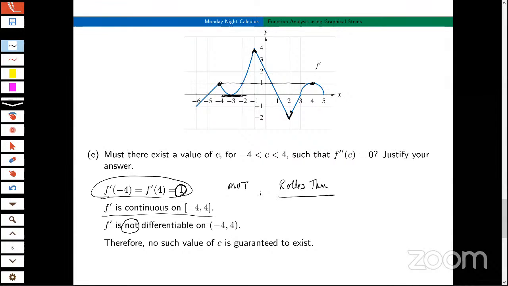Now, there may be a value, and I think I even found one, where f double prime of c is equal to 0, but we are not guaranteed that there is one in this interval. So the correct answer here is we are not guaranteed that there is a value c in this interval -4 to 4. That's a cool problem, especially because it's visual.